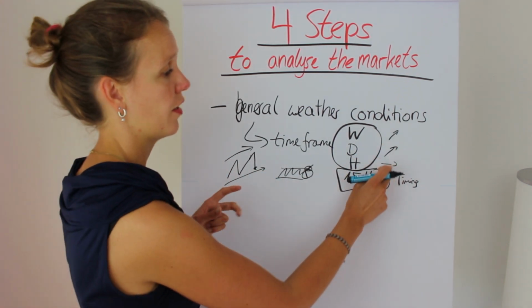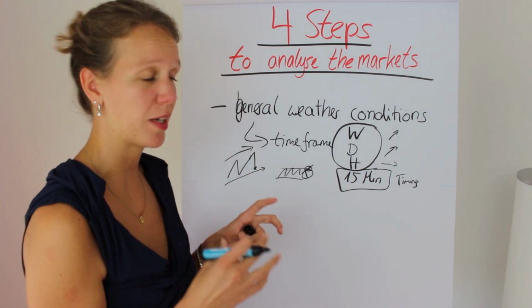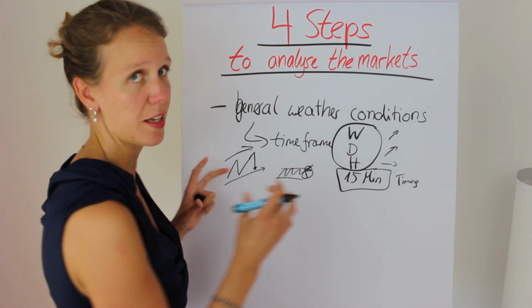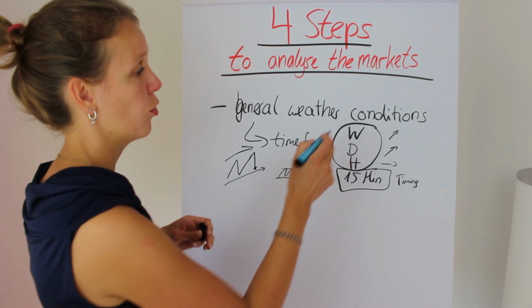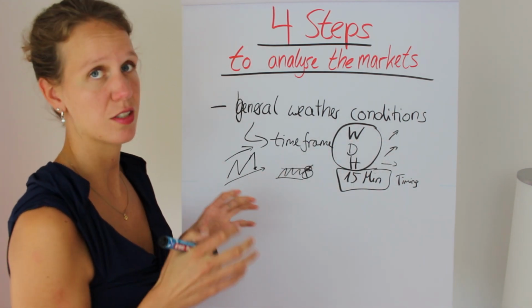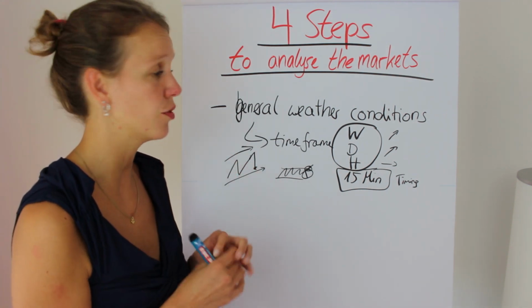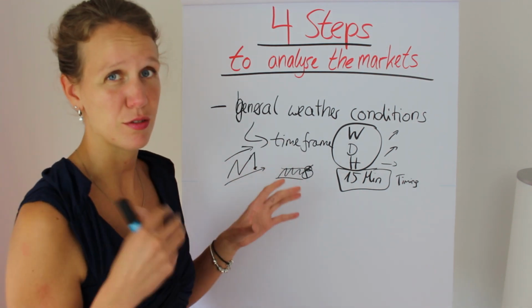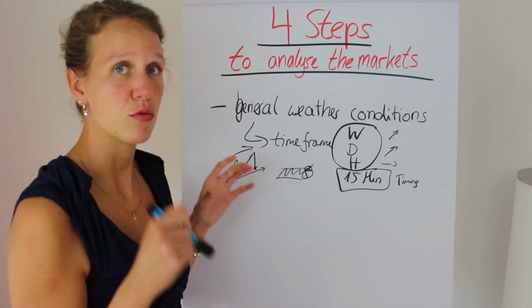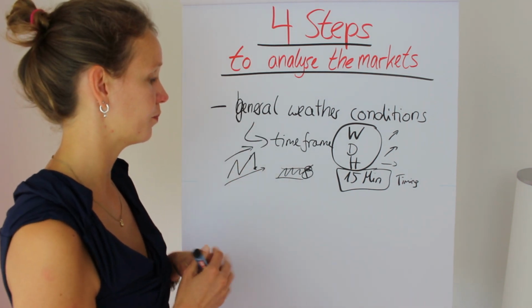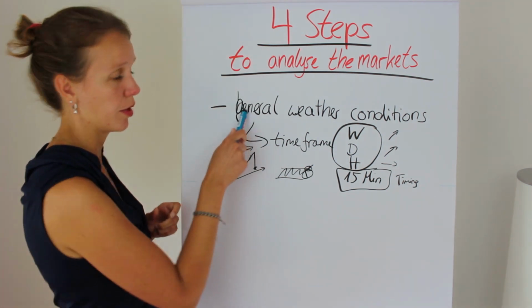So it doesn't always have to match exactly, but you should really do your analysis first to be able to tell what the overall conditions are, because that's really, really important to know. Otherwise, you can just trade randomly and maybe catch a trade at the really wrong development of the market. So this is number 1.